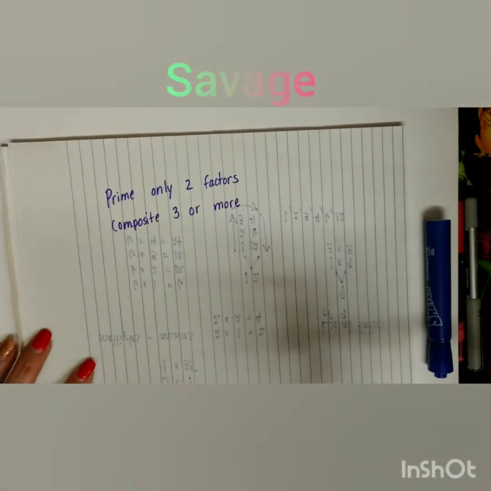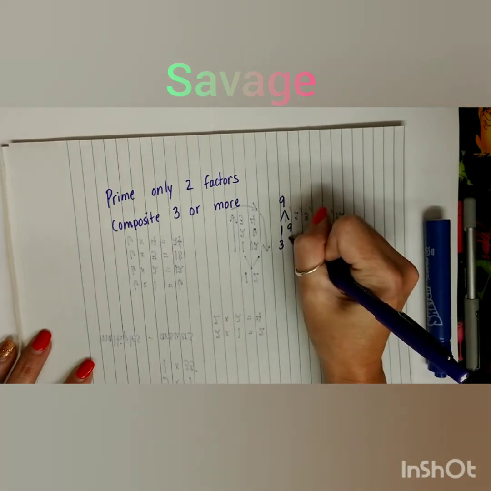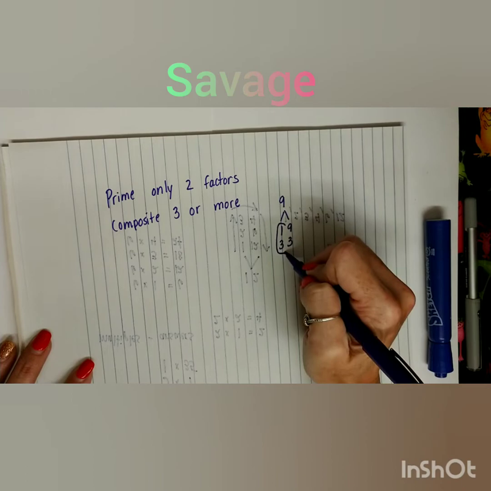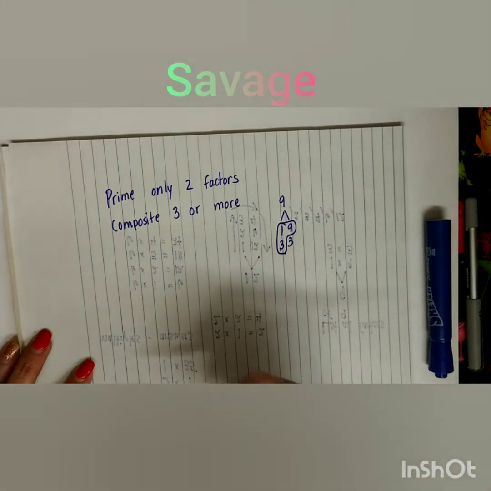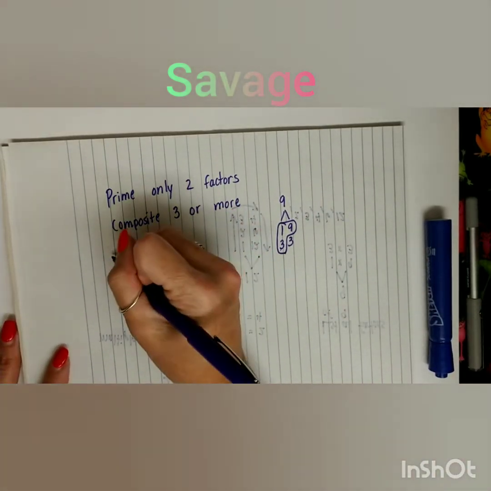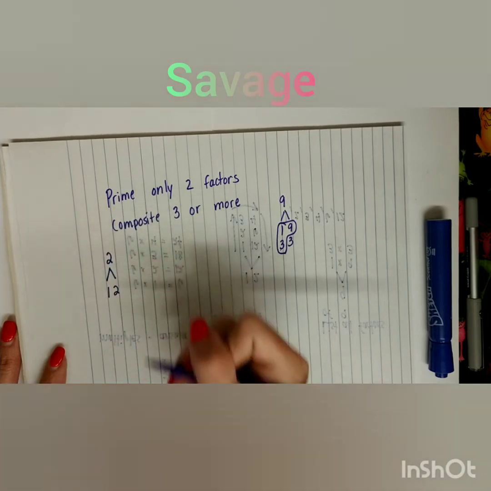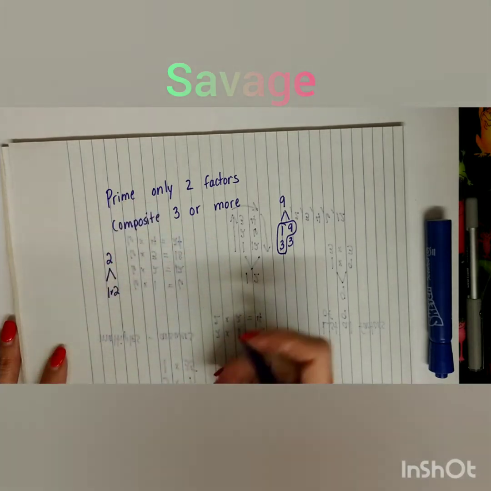So the number 9 would be composite because it's 1 times 9 and 3 times 3. It has 3 factors because you only count the same digit once: 1, 3, and 9. If I have the digit 2, my factors of 2 are 1 times 2. There's nothing else I can do to make 2, so it is a prime number.